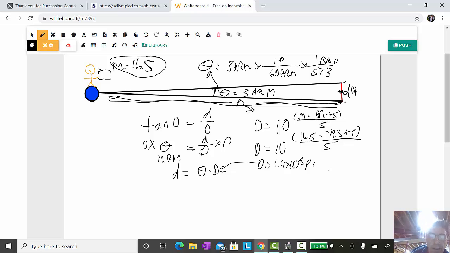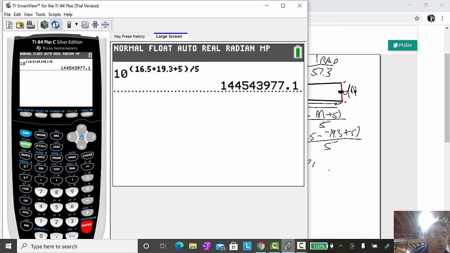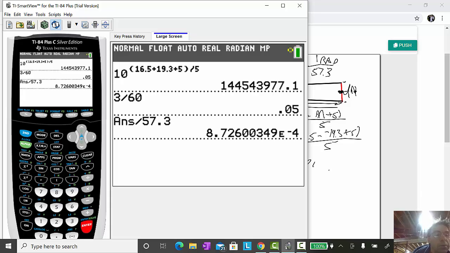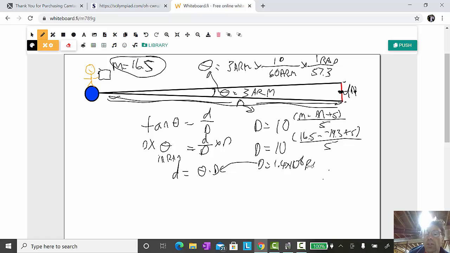So I will go back to my calculator and type in 3 arc-minutes, divide that by 60, and then divide that by 57.3, and that gives me 8.7 times 10 to the minus 4th radians, which is a dimensionless unit.